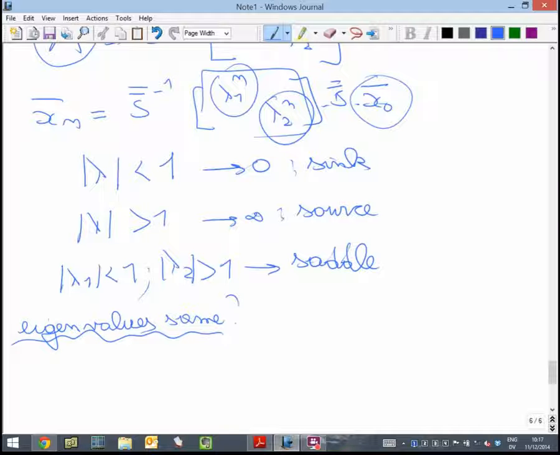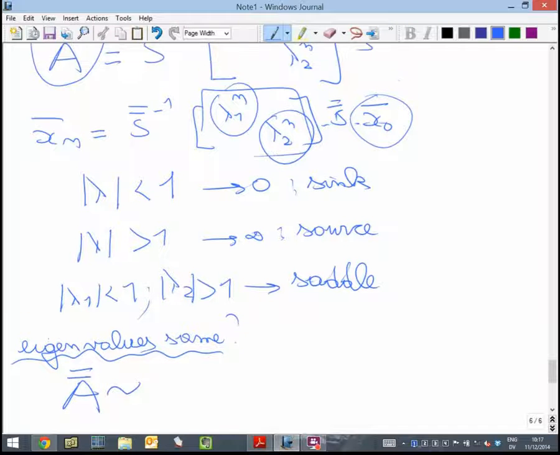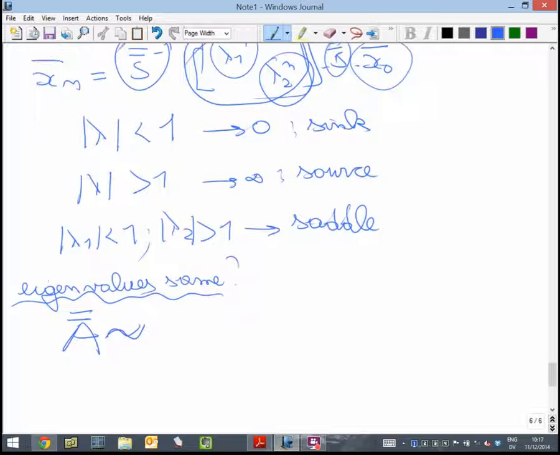Well, then you can also prove, and we're not going to do that, you can refer to linear algebra books, that in this case the matrix, when you multiply with S and S minus 1, is not proportional to this diagonal matrix over here, but rather proportional to a matrix lambda, lambda, 1.